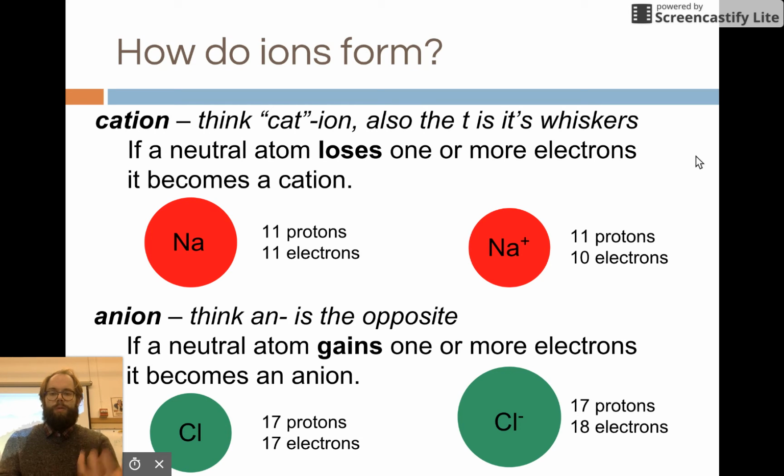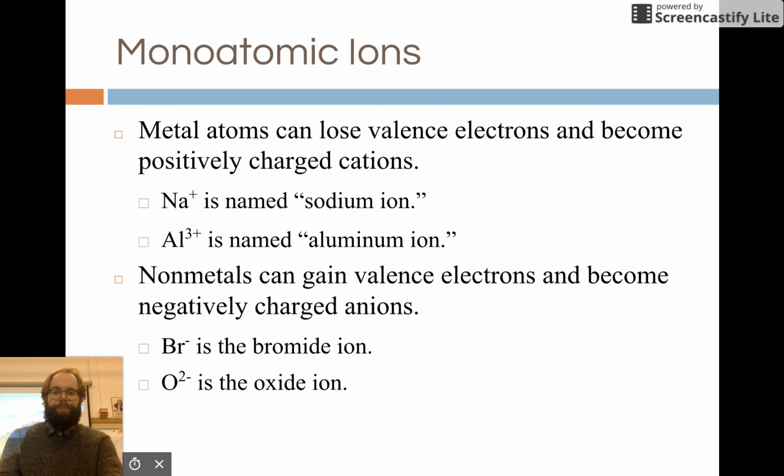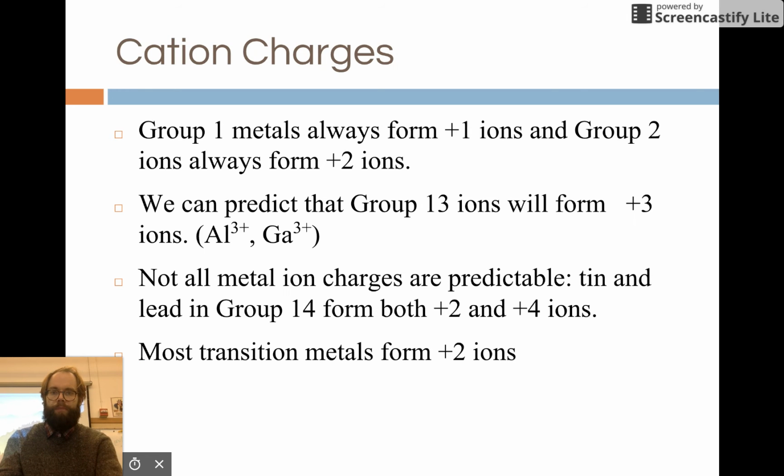So in this example, chlorine gains an electron, so it becomes an anion. We usually refer to cations as the name and ion, whereas nonmetals we usually call them the name with "ide" at the end. So bromine becomes bromide ion, oxygen becomes oxide ion, and so on and so forth.